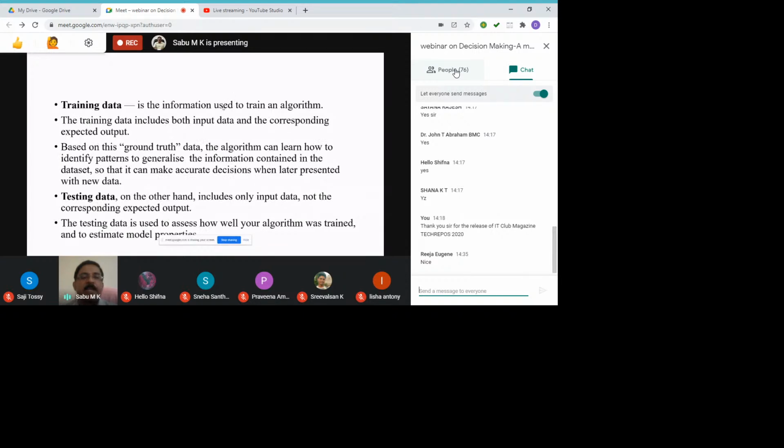Training data is the information used to train an algorithm, and the training data includes both input data and the corresponding expected output. Expected output, that is the label. Input data is there, features are there, and along with those features, the label is also there in the training data. And this label is known as the ground truth. Based on this ground truth data, the algorithm can learn how to identify patterns to generalize the information contained in the data set, so that it can make accurate decisions when later presented with new data.